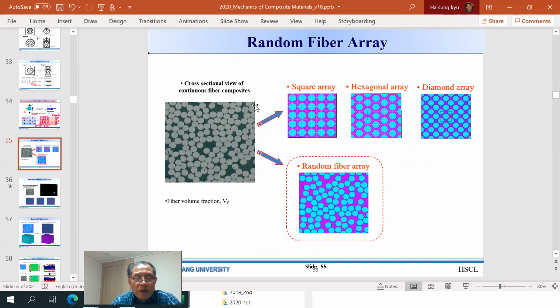Now, today, I'd like to move to the next subject for this micromechanics. As I emphasized, this is the cross section of the real composite, and this is the fiber arrangement.